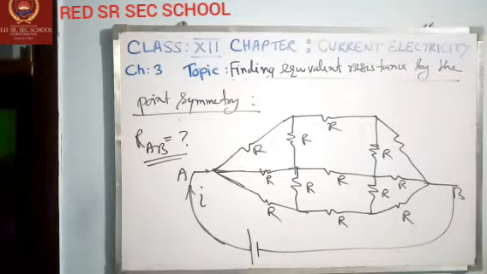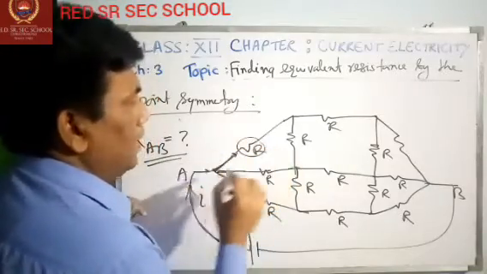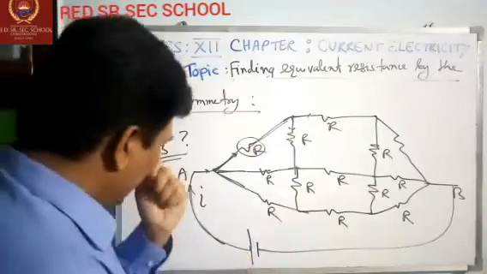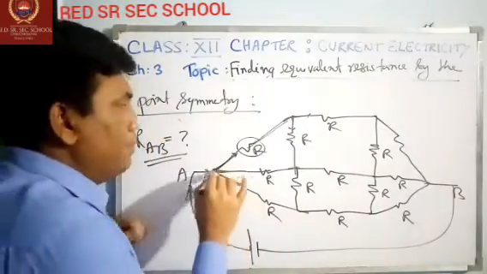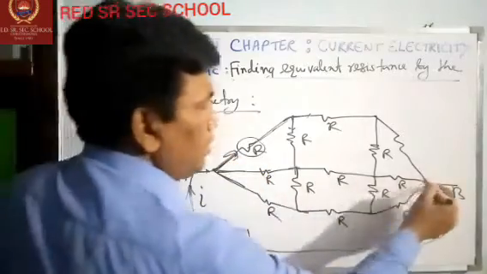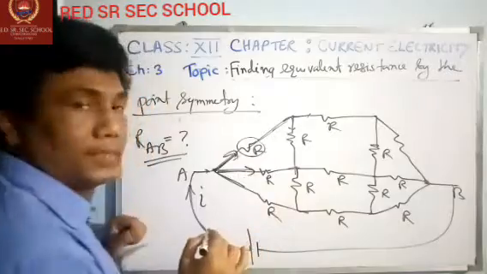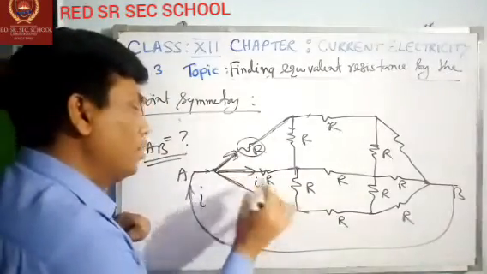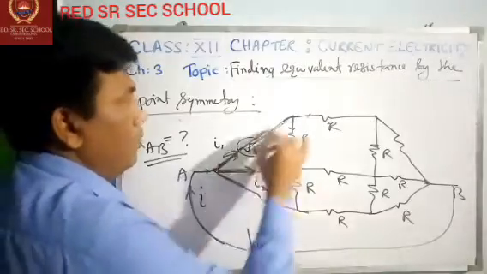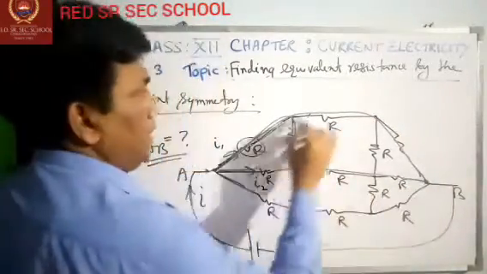See, say this current is coming this way and getting a resistance R. Then after that it will be bifurcated into two parts. You can see the number of paths through which this current goes to reach B is the same as the number of paths through which this current will go. The number of paths: 1, 2, 3.